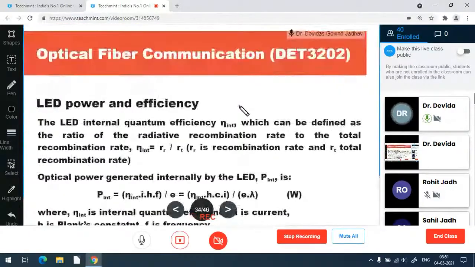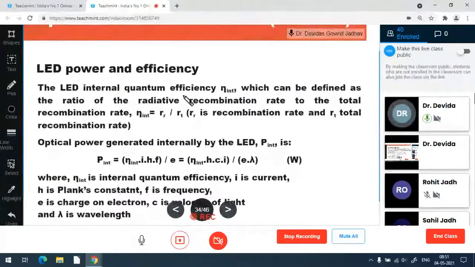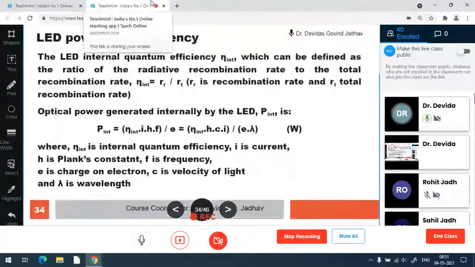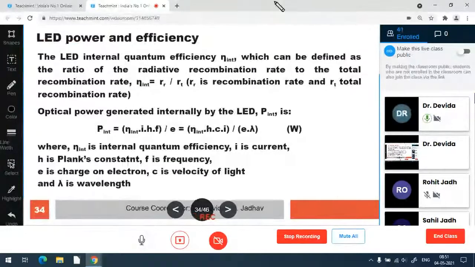So we know the LED power efficiency. The LED's internal quantum efficiency is given as eta internal. If there is a crystal structure, and suppose n number of charge particles are there, and out of that, suppose the total rate of charge particles is R_T, and out of that R_r are radiative.